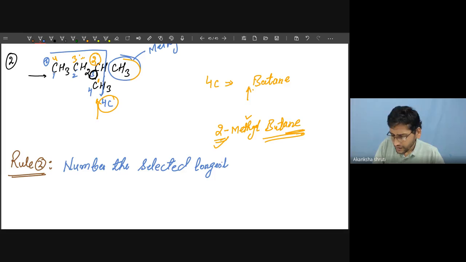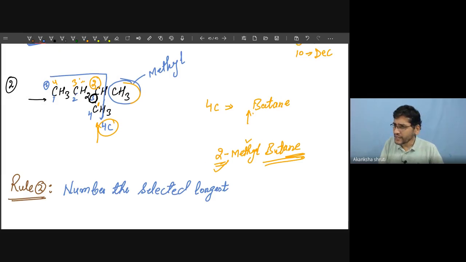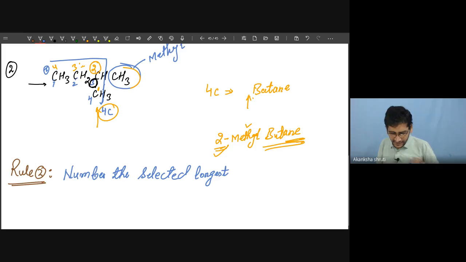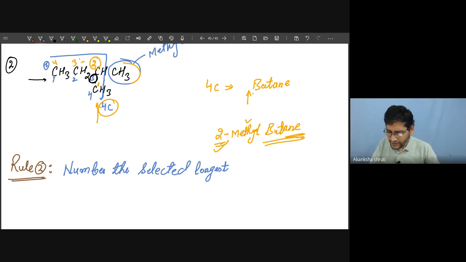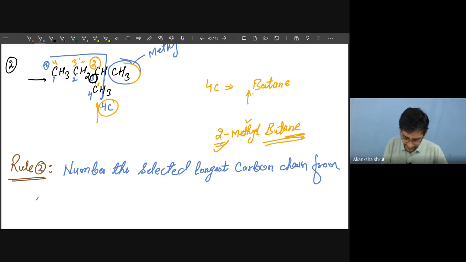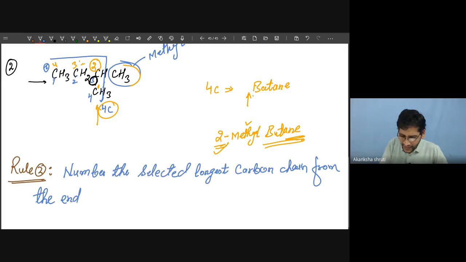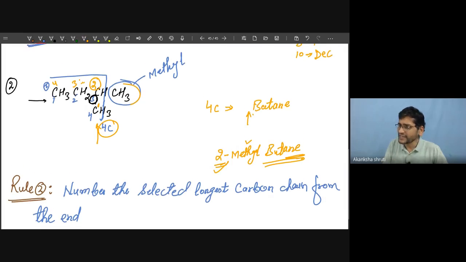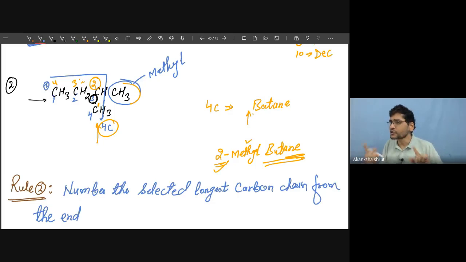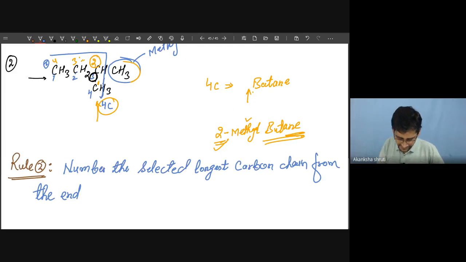So numbering can be from the two ends, then which end is preferable? Number the selected longest carbon chain from the end, from that end by which this methyl group or the functional group gets the lowest number.